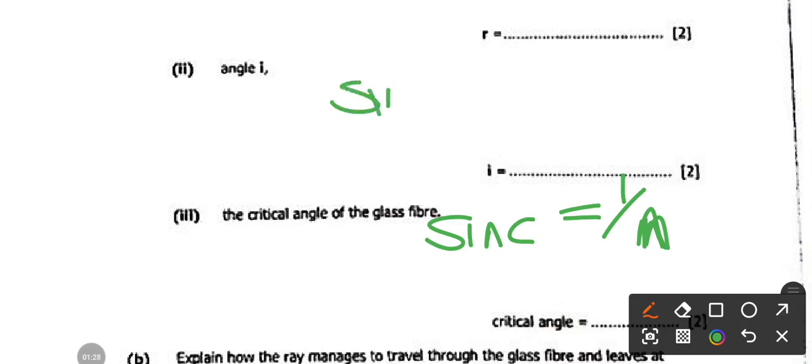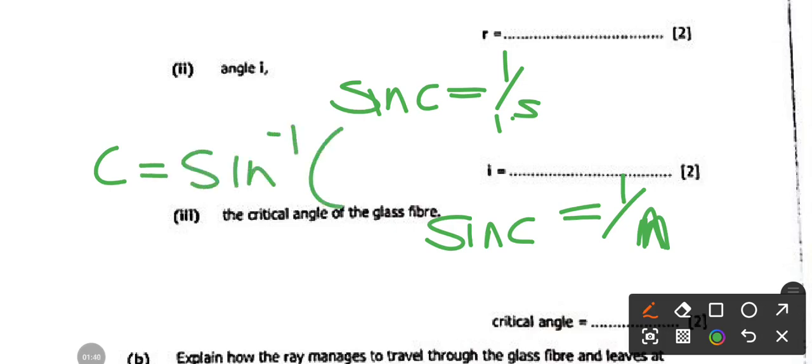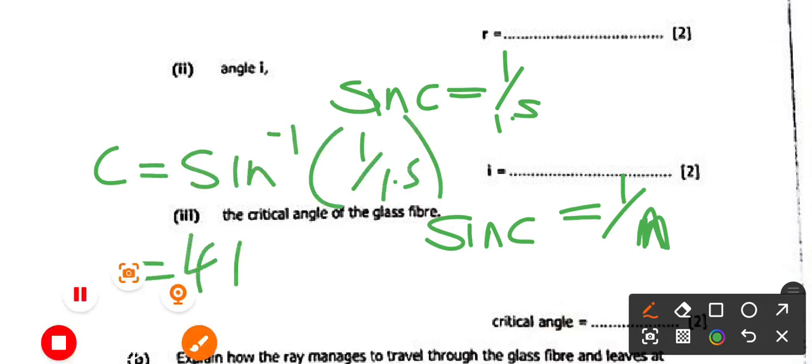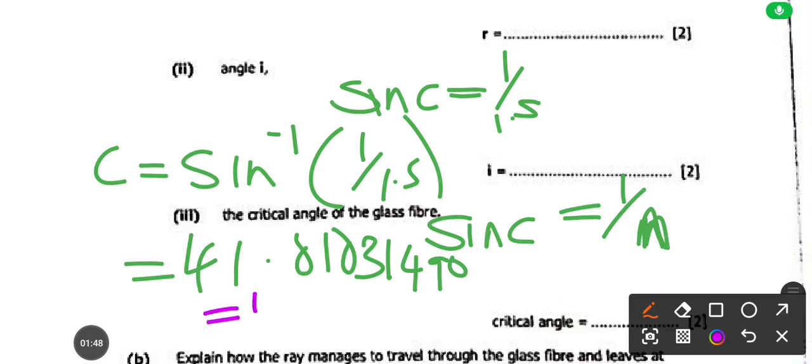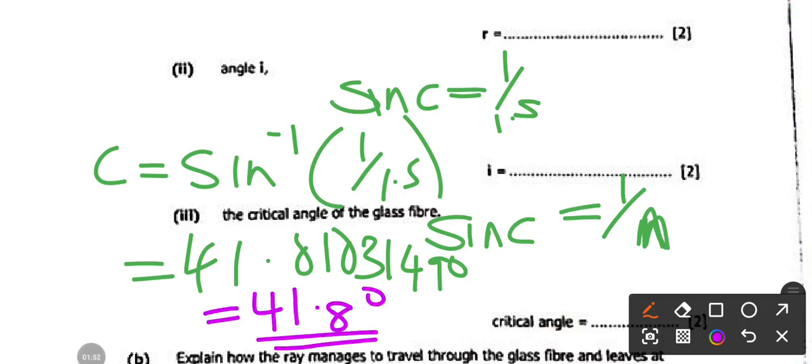The refractive index that we have for glass is 1.5. So C is equal to sine inverse of 1 over 1.5. This would give me a value of approximately 41.8 degrees. So this is the critical angle of the glass fiber.